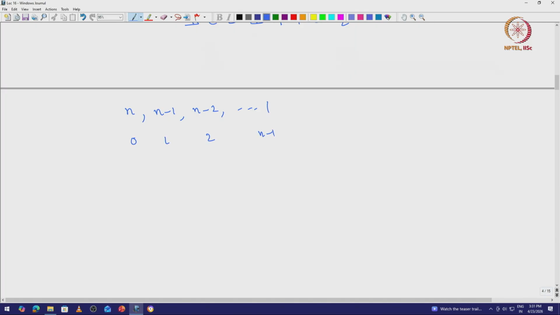So, the sum will be n times n minus 1 by 2. For example, for n equal to 8 it will be 8 times 7 by 2. This is 4, so 28. So, the maximum number of inversion count is 28.